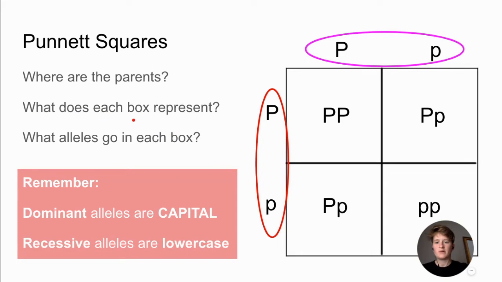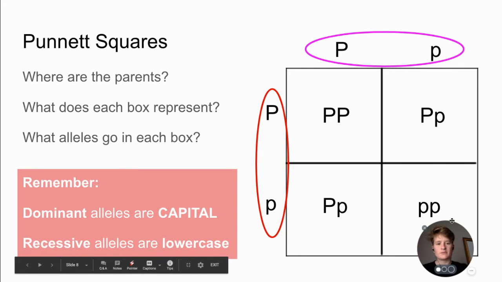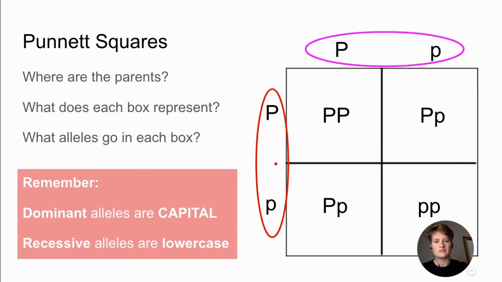What does each box represent? Each box represents one possibility for the genotype of the offspring of these parents. Which alleles go into each box? The letters drop down into the box that they are in line with.